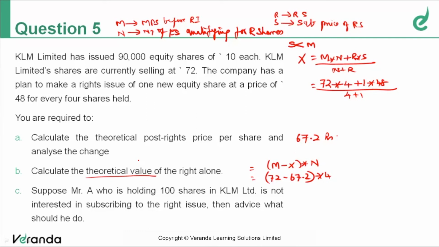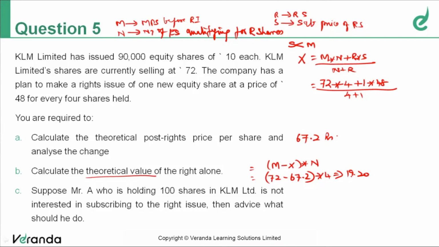So, if I am not subscribing, the value of my share will get reduced from 72 to 67.2. For one share, I lose 4 rupees and 80 paisa. 4 shares will make one right. So 4 rupees and 80 paisa into 4 is going to be 19.20.